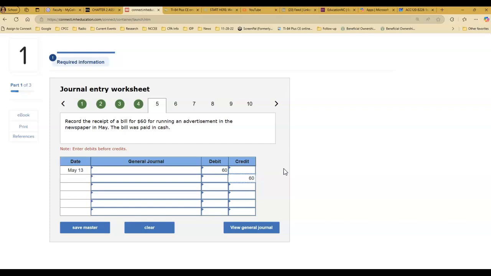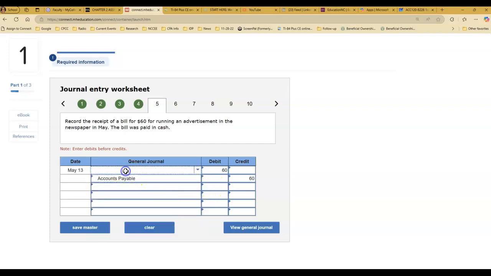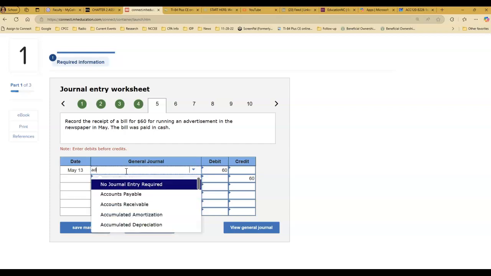Okay. We now owe somebody for that advertisement, so it's accounts payable, because all it says is we received the bill. And the debit goes to what kind of advertising? Good.